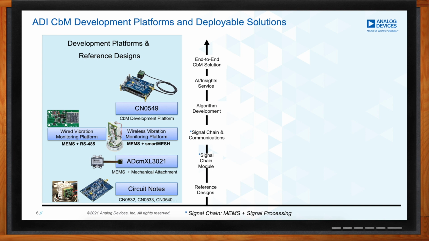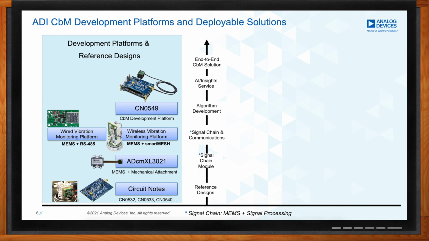So ADI provides solutions that have mechanically proven enclosures. The example here is the AD-CM XL3021, which is a 3-axis, 10 kilohertz MEMS sensing solution with a digital interface.